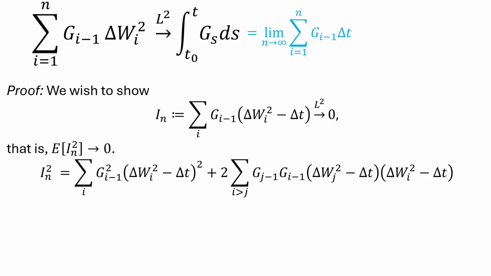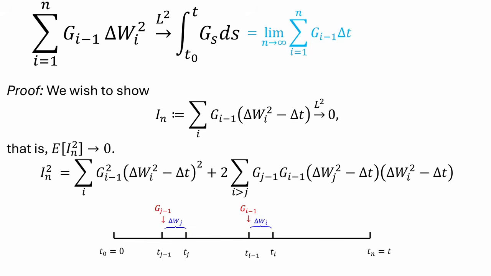Expansion gives the square terms and the cross terms. All the square terms form the first sum, and the second term is the sum of all the cross terms. This looks rather complicated, but don't worry, taking the expectation simplifies things drastically. Remember, g is non-anticipating, and here i is greater than j.